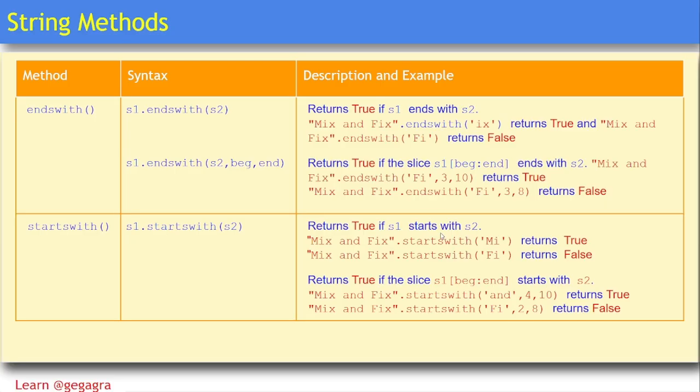And if I say "mix and fix" endswith, is this ending with fi? Obviously this is ending with fi, but the range is 3 to 7, 3 4 5 6 7. So 0 1 2 3 4 5 6 and 7.